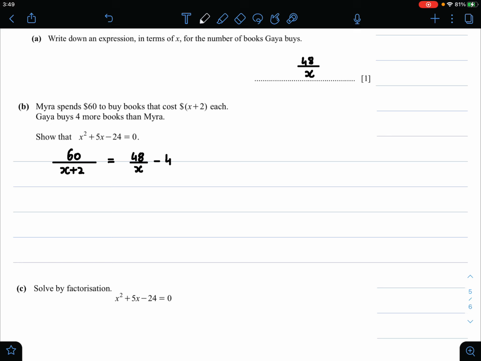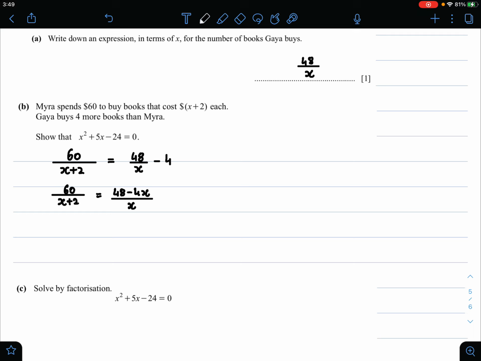So the simplest way to start is first on the right hand side of the equation to write everything as a single fraction. So 60 divided by x plus 2 is equal to, the LCM would be x, so we multiply negative 4 by x, so it would be 48 minus 4x, and since they now have a common denominator, we can write them as a single fraction, so divided by x.